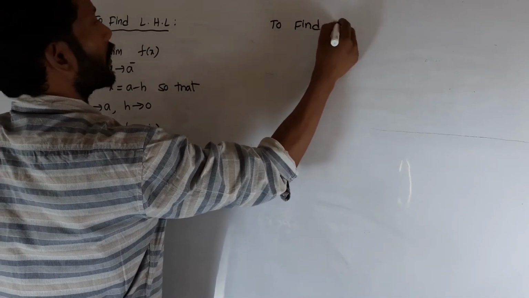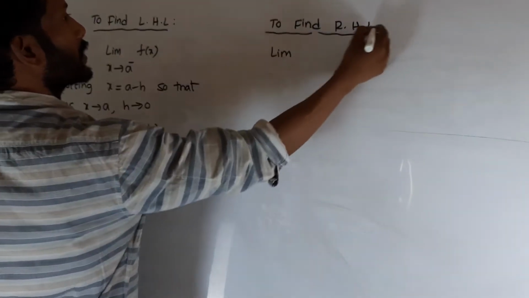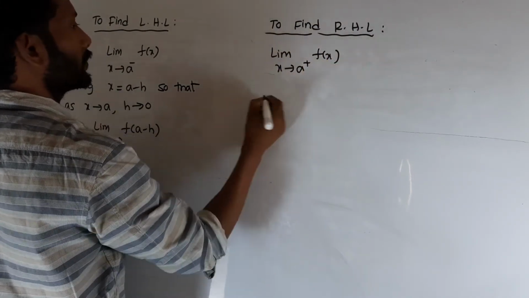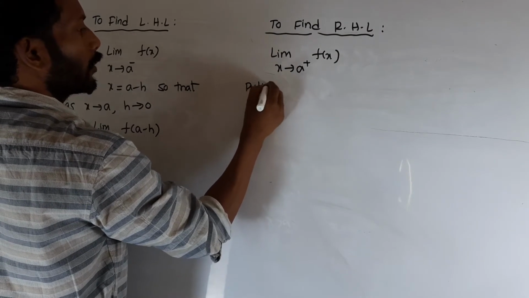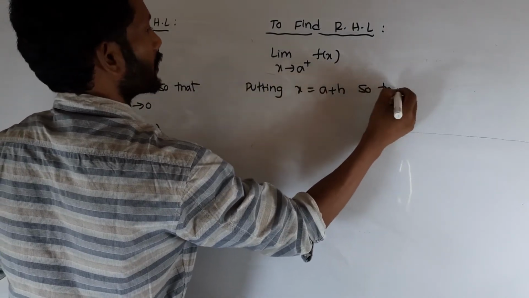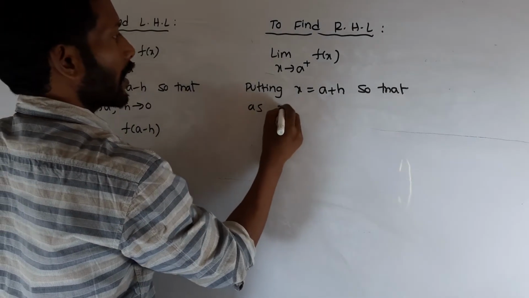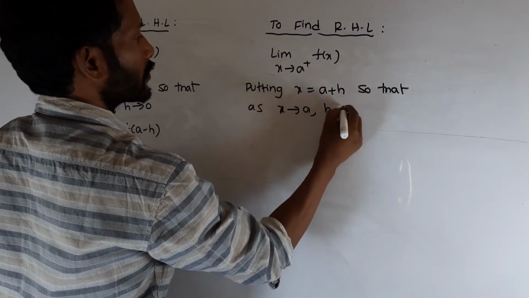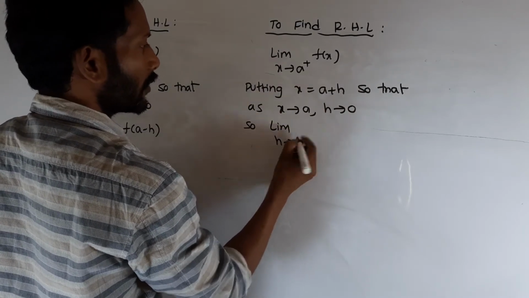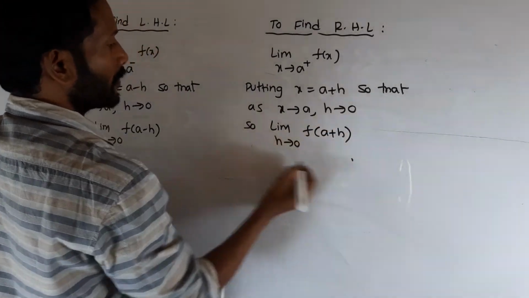To find the right hand limit, limit x tends to a plus of f of x, put x equal to a plus h, so that as x tends to a, h tends to 0. So limit h tends to 0 of f of a plus h. I hope this is clear.